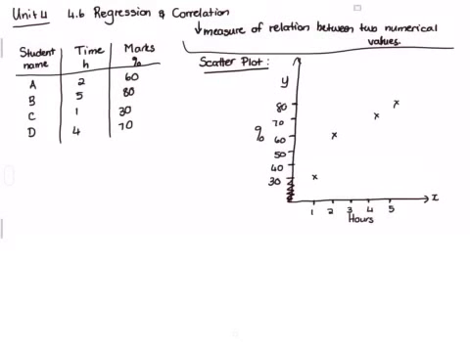So that is my scatter plot. It's my actual information. Please note it is not a line graph, so you don't join these little crosses and make a zigzag type of line.